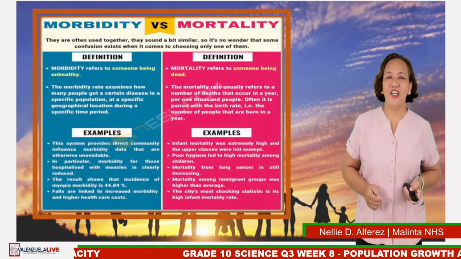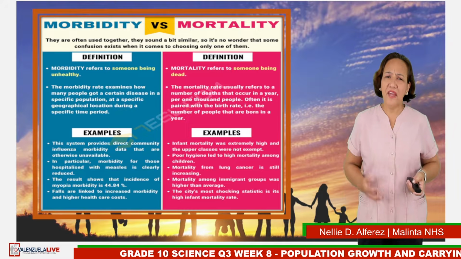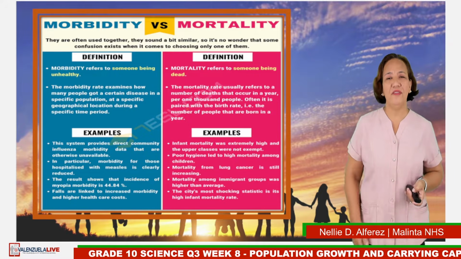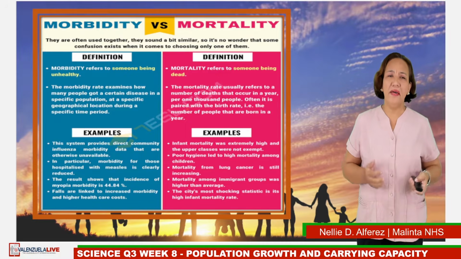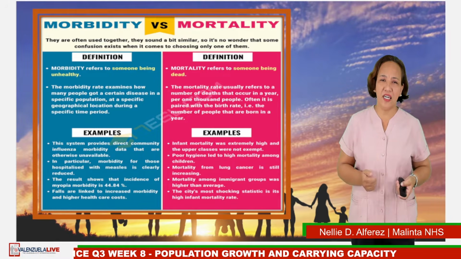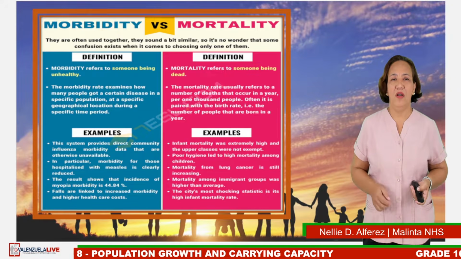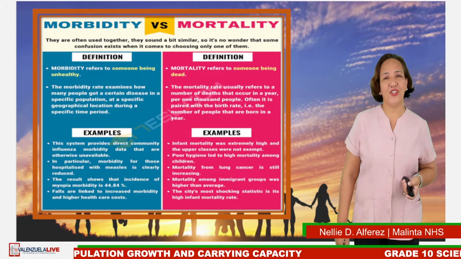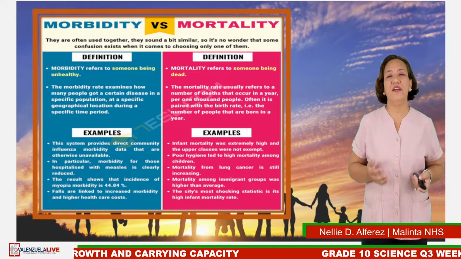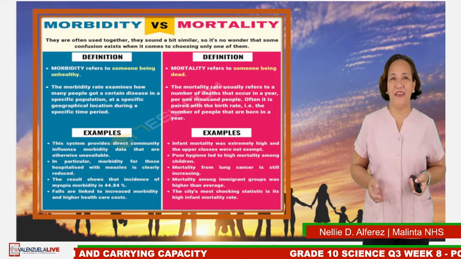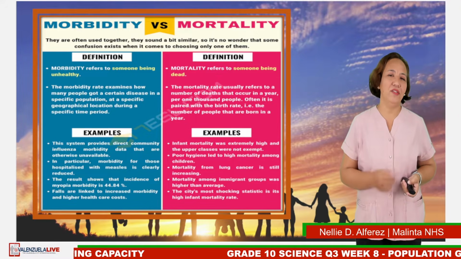Next is mortality and morbidity. They are often used together. They sound a bit similar, so it is no wonder that some confusion exists when it comes to choosing one of them. Mortality refers to someone being dead. The mortality rate usually refers to the number of deaths that occur in a year per 1,000 people.